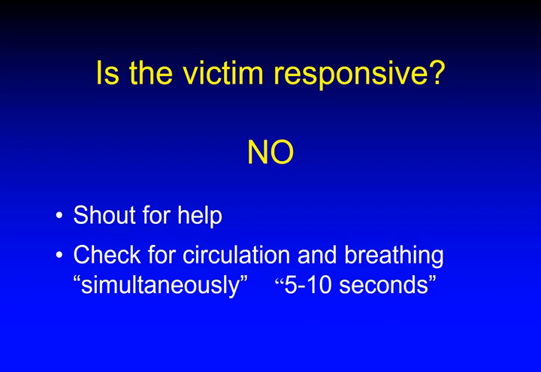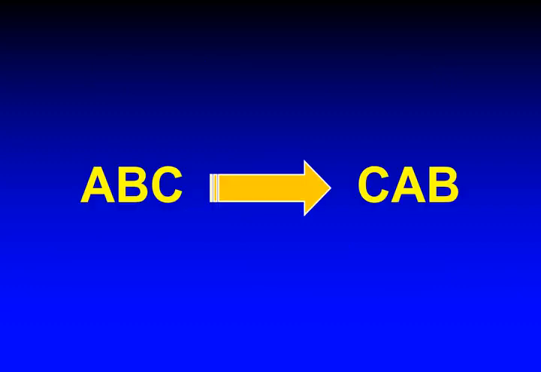Then check for circulation and breathing simultaneously, at the same time, for 5 to 10 seconds. Not less than 5 seconds, not more than 10 seconds. The old sequence ABC is now changed to CAB: Circulation, Airway, Breathing.